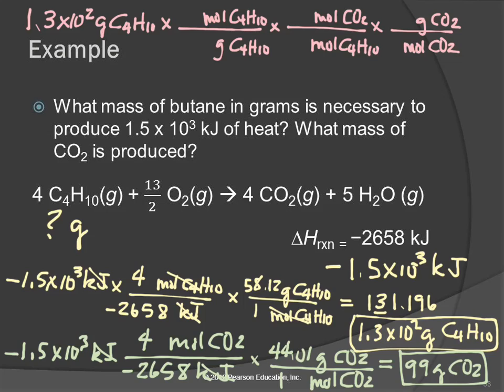The molar mass of butane we already did, so I'm just going to copy that down from the previous equation. In the mole ratio here, we've got a 4 in front of butane and a 4 in front of carbon dioxide. So those both end up being 4.